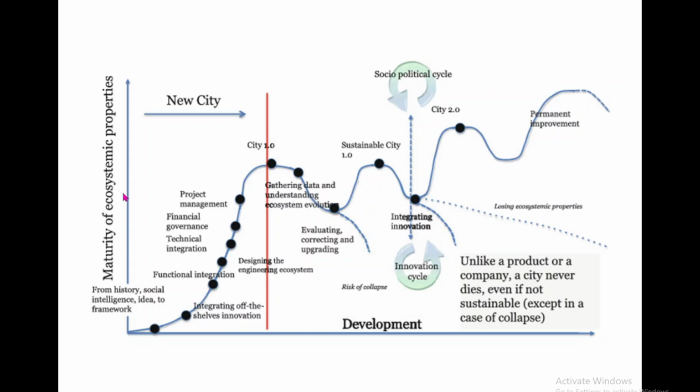But what you see is that ecosystem properties, sustainability as well, come into the picture. As the city grows economically, they start investing more in sustainable practices, because of which the ecosystem properties, along with water quality and air quality, also improve.